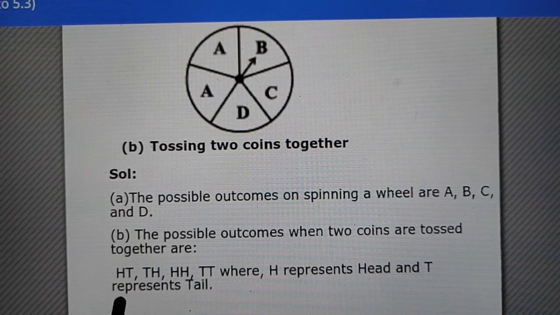So these are the possible outcomes when two coins are tossed. We have just listed them out.